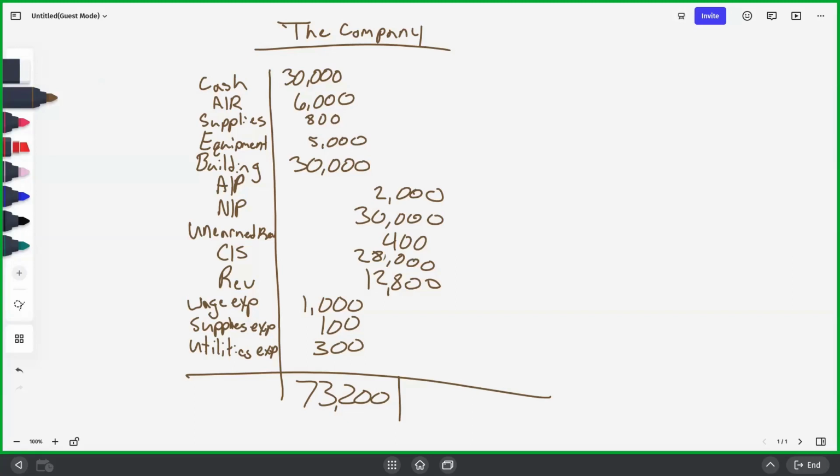All right. I'm gonna give you guys about 5 to 10 minutes to make this into an income statement, a statement of retained earnings, and a balance sheet. And I made sure everything is equal, so this should be a very valid trial balance.